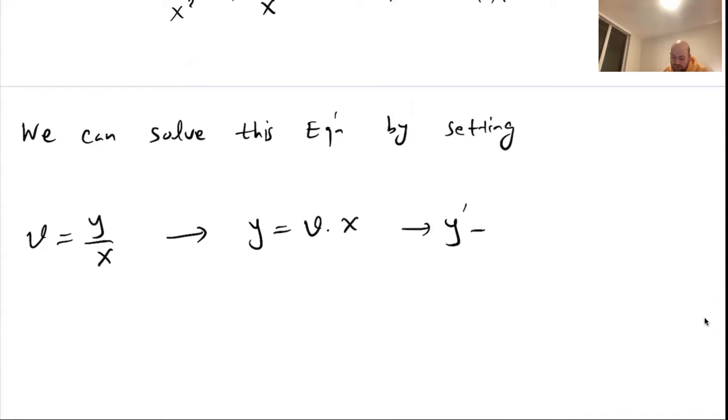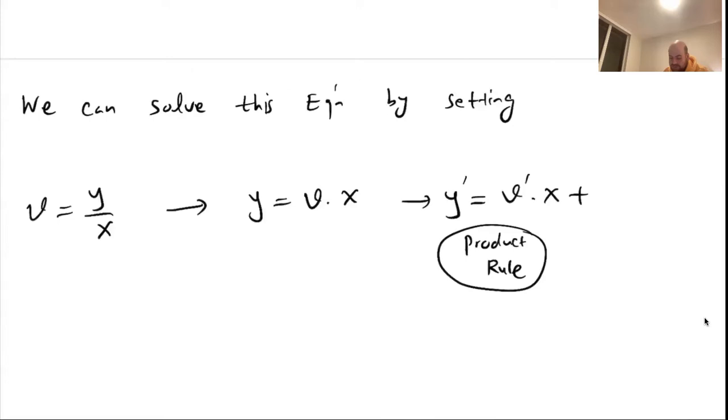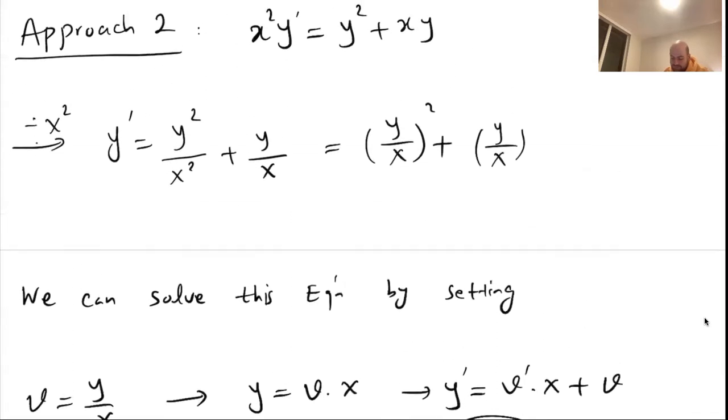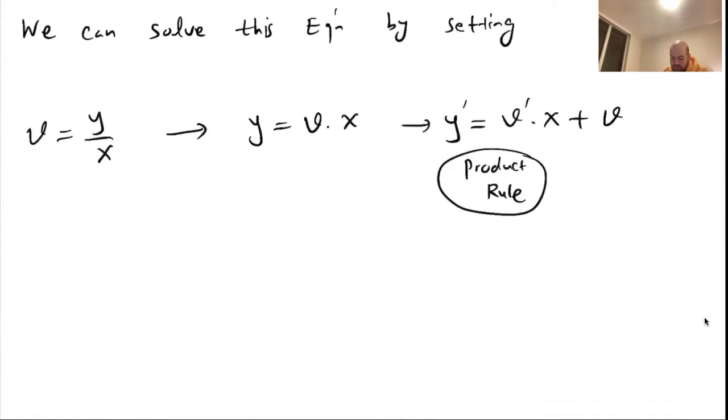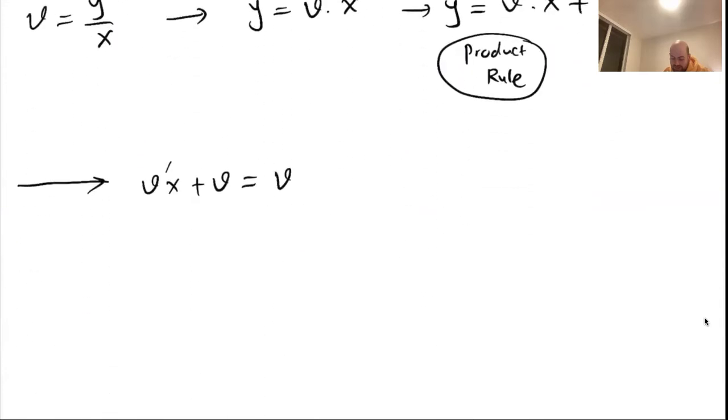So y prime, if I use product rule, will be v prime x plus v x prime. x prime is 1, so it's going to be plus v. And then I can say that y prime, v prime x plus v, equals the right-hand side. The right-hand side is v squared plus v.